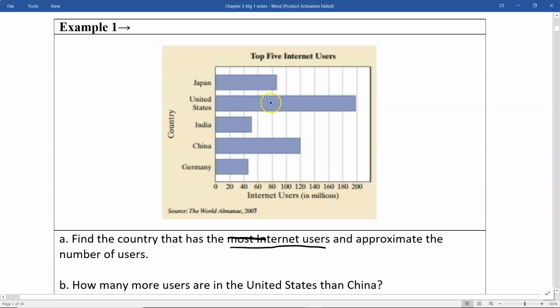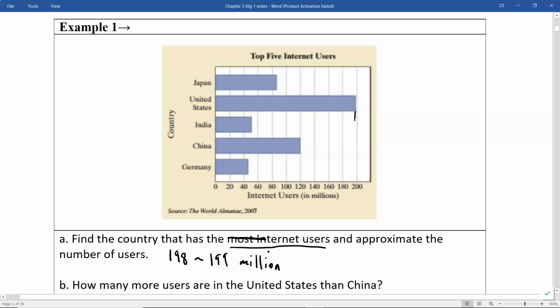So if we look for the bar that reaches the farthest to the right, we see that the United States has the most. And again, to approximate it, you can either draw a straight line or just eyeball a straight line downwards compared to this 200. And I'd say this is probably somewhere between 198 to 199 million users.